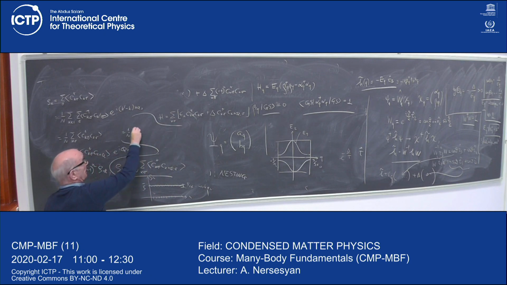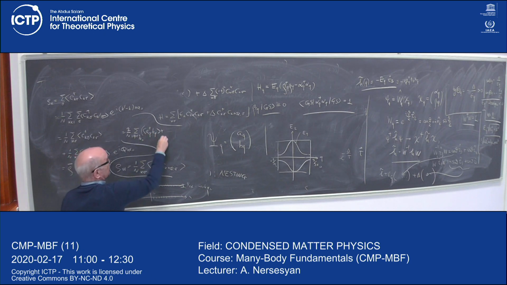1 over n, I can now go to q, and sigma, I can now, without any hesitation, sum over sigmas, because the rest does not depend on sigma. It's twice divided by n. Sum over q, less than pi divided by 2a naught. And here I have, if k is q, then it is a of q. Here I have b of q, and of course, by symmetry, if k is k plus q, then it is b of q.